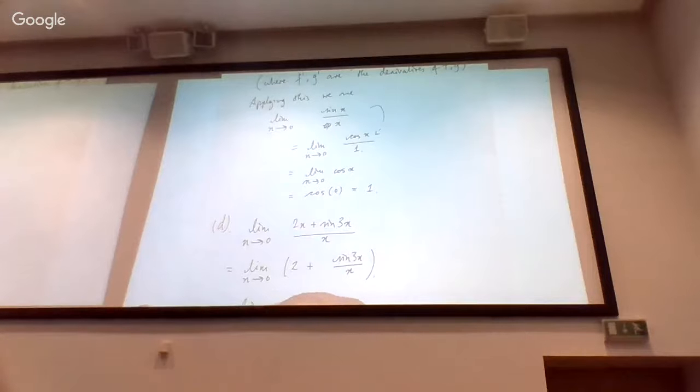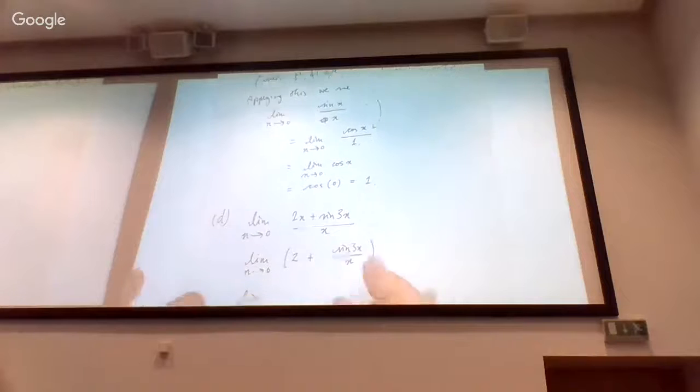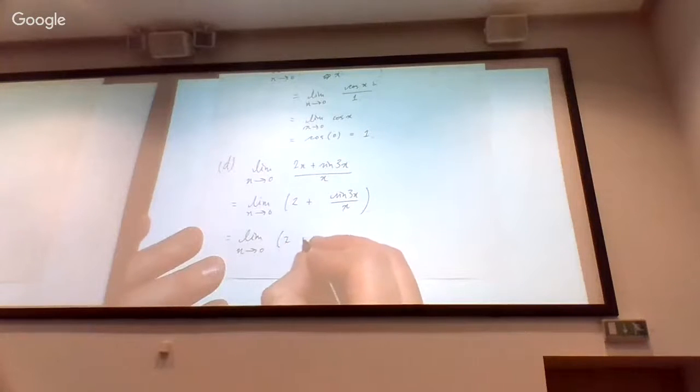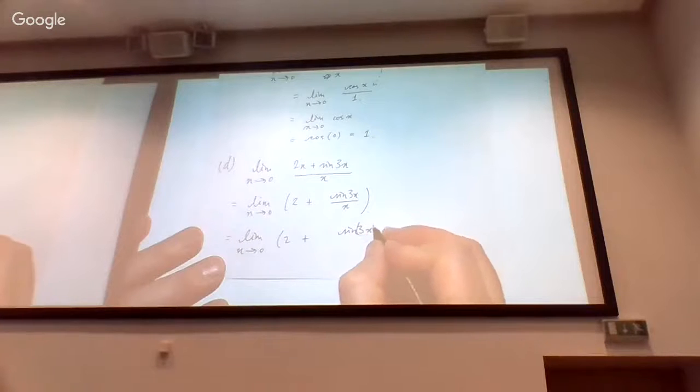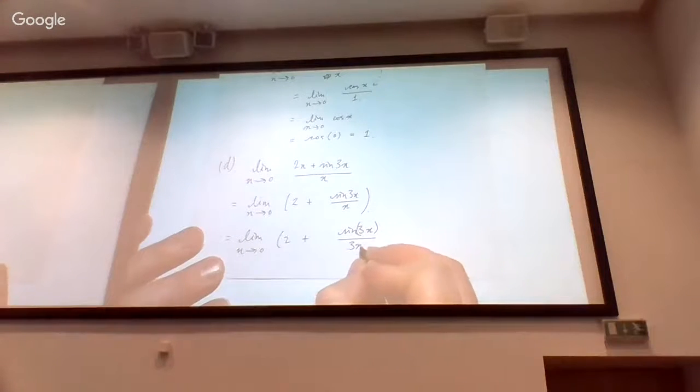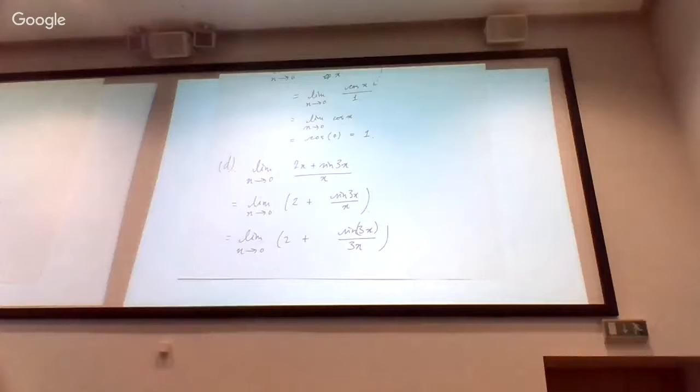So before we can apply the result of part C, it's necessary to rewrite this so that sine of 3x is divided by exactly the same quantity, 3x. Because now it is sine of something divided by that same something, and the something is converging to 0 as x converges to 0. Of course, this is no longer true now because I've just arbitrarily stuck a 3 in the denominator.